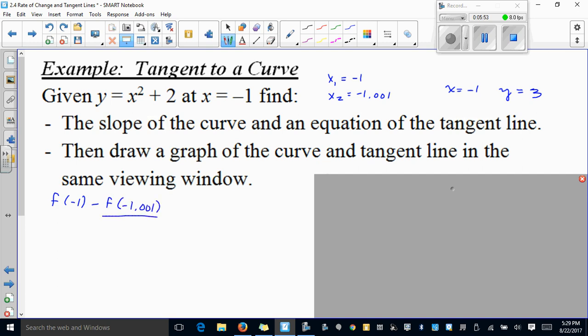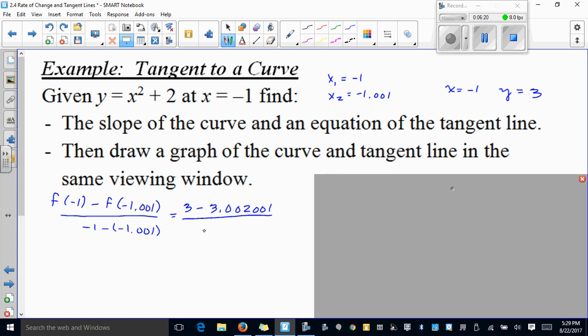So if we put this into a calculator, we're going to get 3 minus 3.002001 over 0.001, because this is going to become positive here, two negatives, positive.